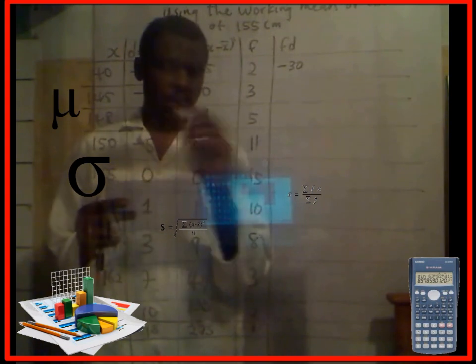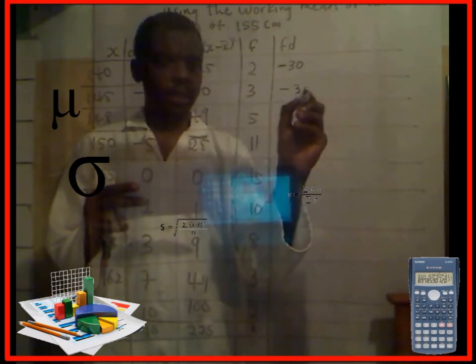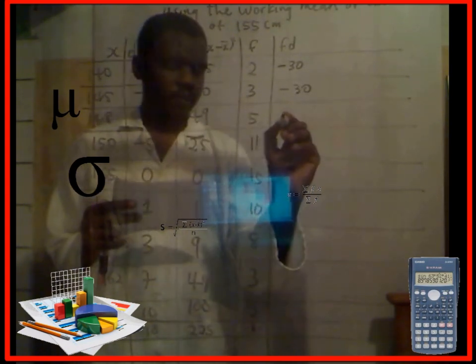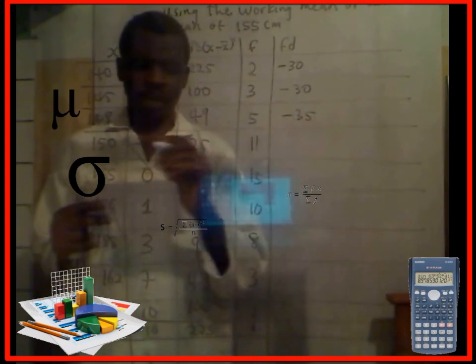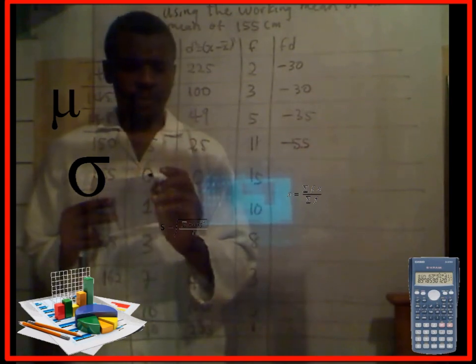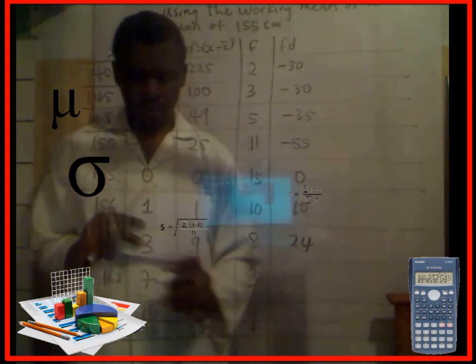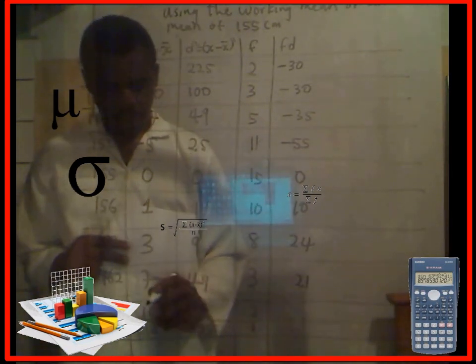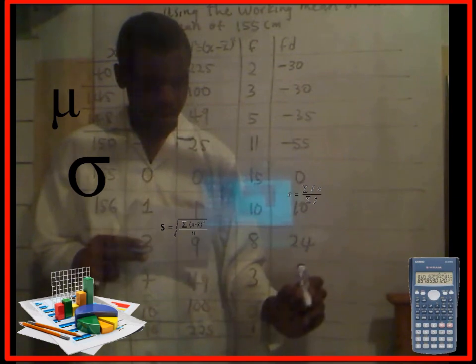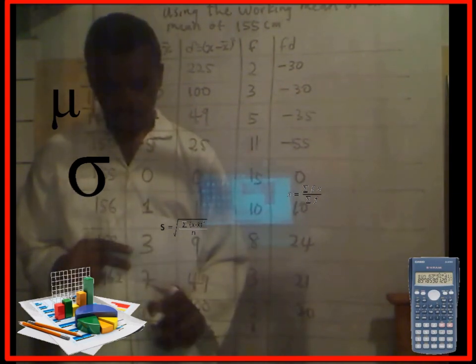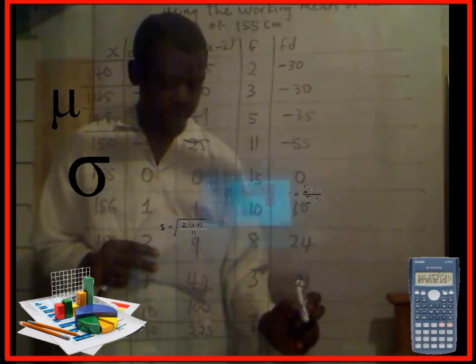Minus 10 times 3, minus 30. Minus 7 times 5, minus 35. Minus 5 times 11, minus 55. 0 times 15, 0. 1 times 10, 10. 3 times 8, 24. 7 times 3, 21. 10 times 2, 20. 15 times 1, 15.